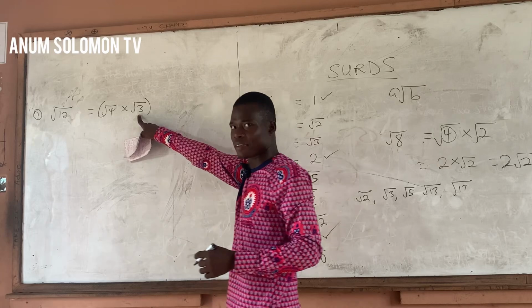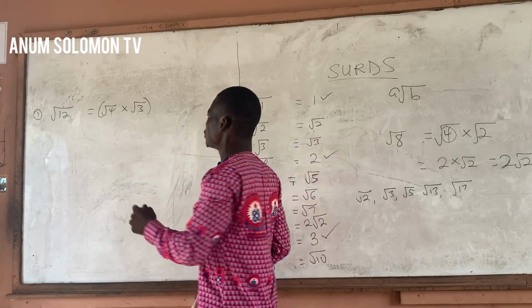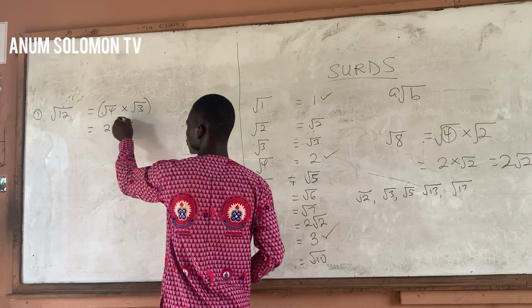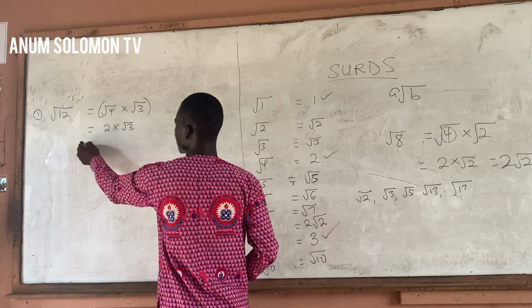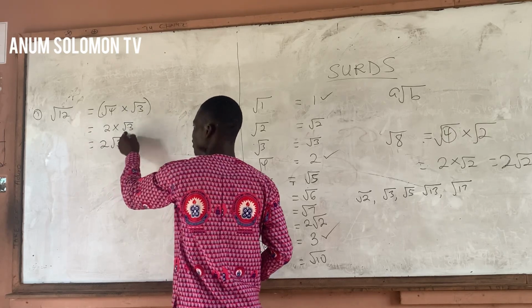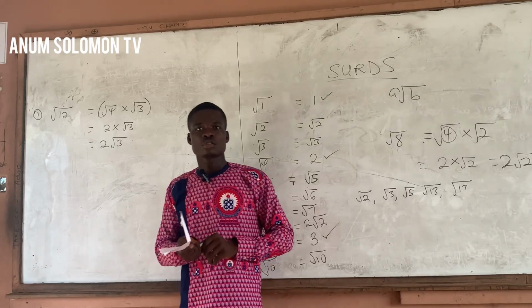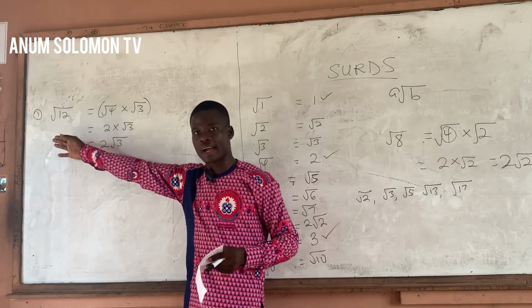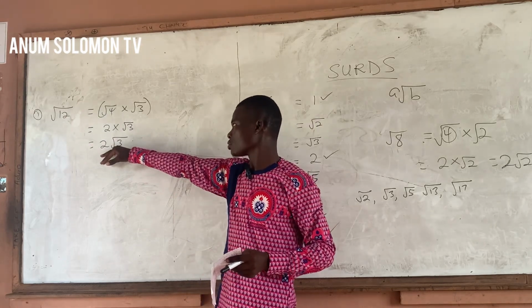The 3 is the imperfect one. So root of 4 is 2 times root of 3. Then finally we get 2 root 3. So when we simplify root of 12, this is the result.